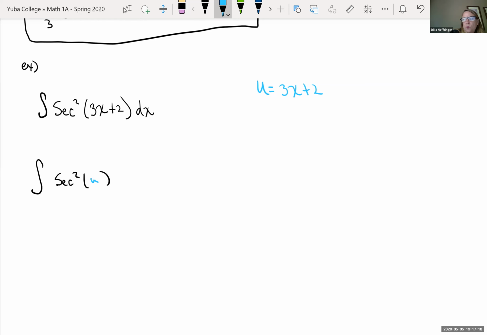Derivative of u is 1, so du is equal to the derivative of 3x plus 2. The derivative of 3x is 3, and then we have dx. If you divide both sides by 3, we get dx is the same thing as du all over 3.